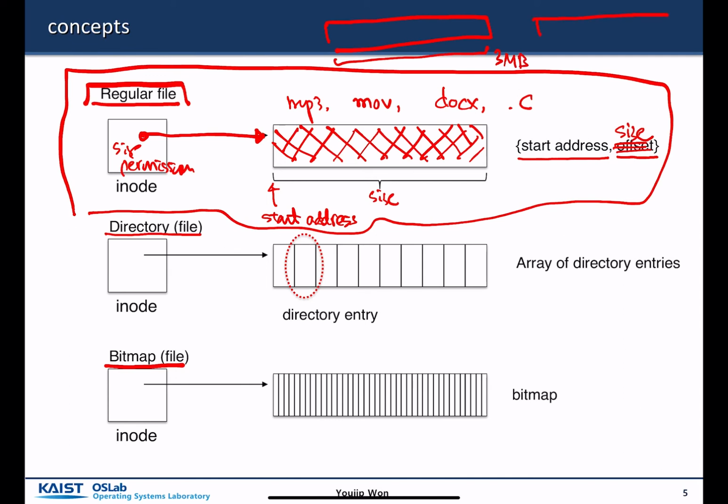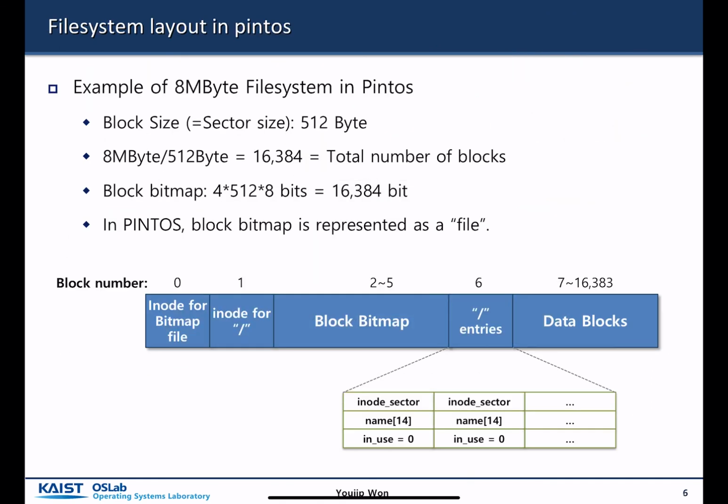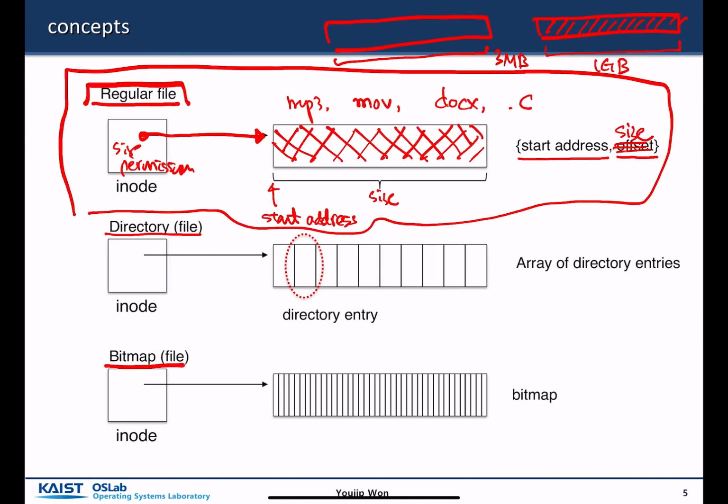If it's a big movie file, and the size of the file corresponds to 1 gigabyte, then this file occupies 1 gigabyte of consecutive data blocks. That is very important. So this is how Pintos represents a file. This is the current form.